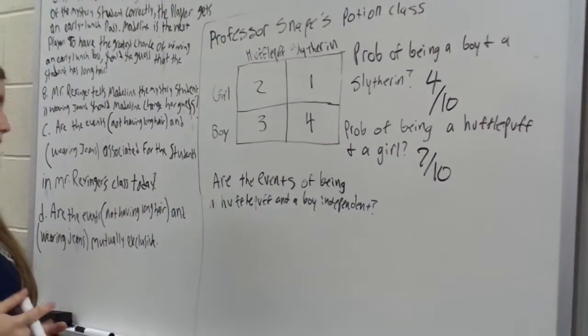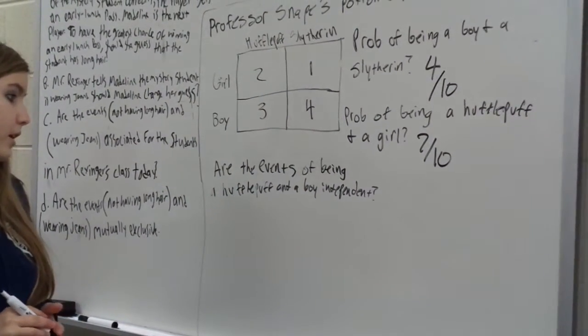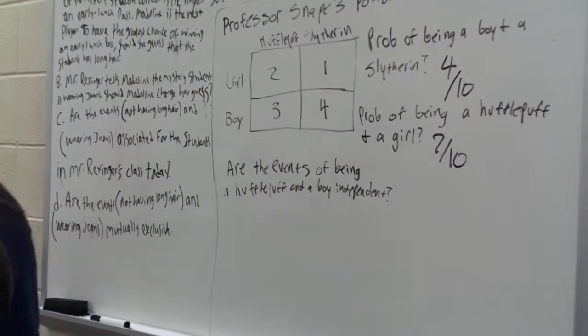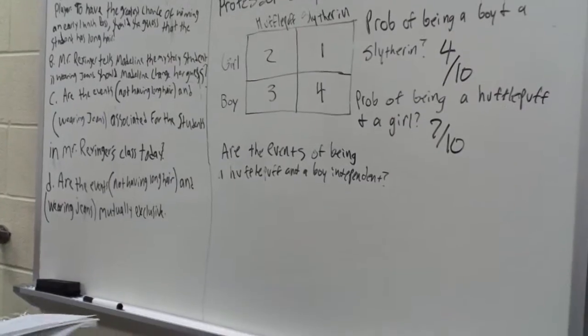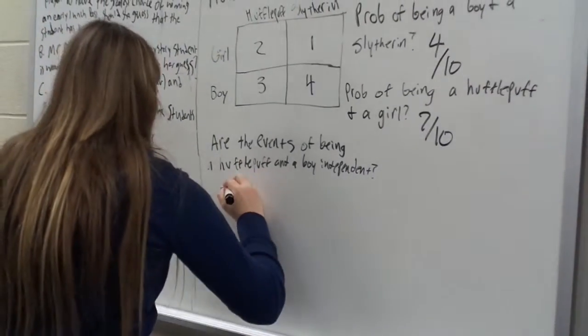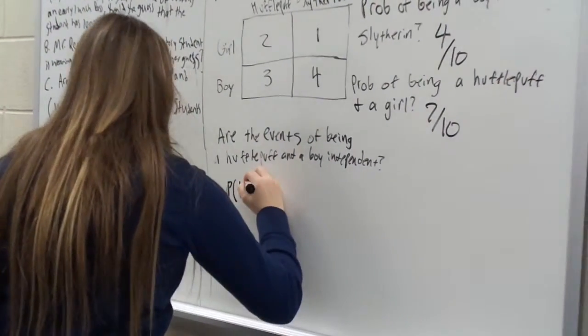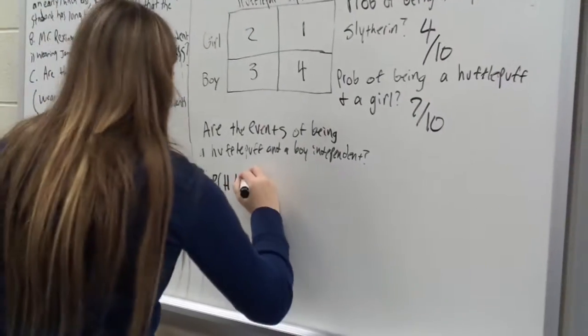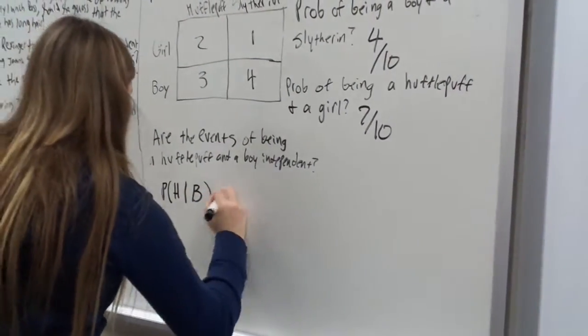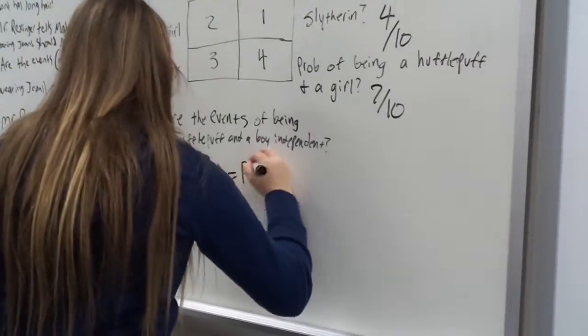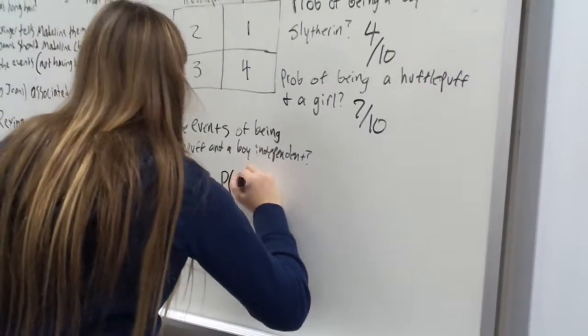And then the third part of the problem will be, are the events of being a Hufflepuff and being a boy independent? And we would set it up so the probability of being a Hufflepuff, given being a boy, should equal the probability of being a Hufflepuff.